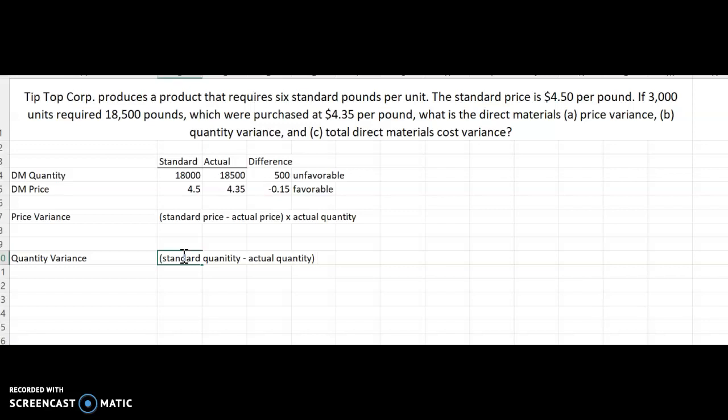And since we're doing the quantity variance, we're going to multiply it times the price. And we've already used actual quantity, so this is going to be standard price.